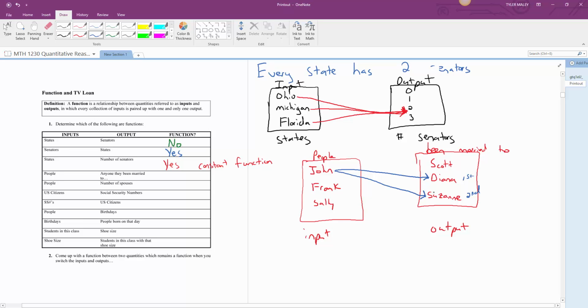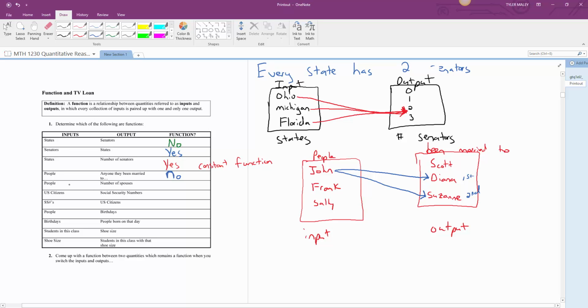So this would be a no. This would not be a function. And we're talking about this in a general sense, not a specific sense. What you're asking yourself is, is it possible for someone to be matched up with more than one output, where your outputs are who they've been married to? And the answer is yes. Someone can be married to more than one person, not at the same time necessarily, but over a time period.